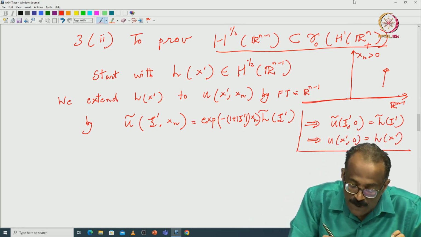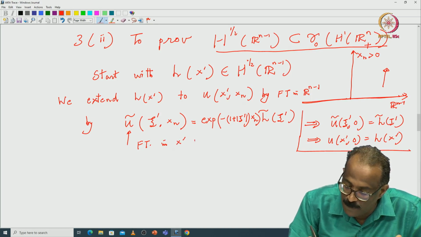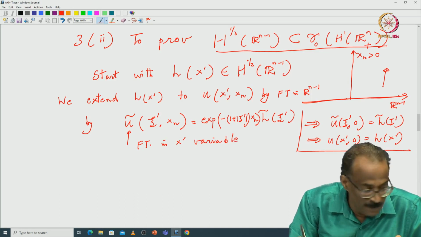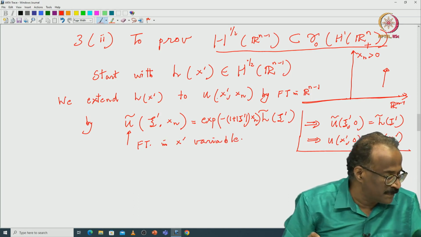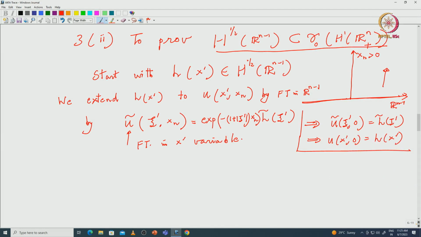So this is the Fourier transform in the x' variable. Okay, that is it. Now we want to compute this one. This is defined, of course, for x_n positive, otherwise there will be a problem. So now we extend, and you go to u in R^n plus.